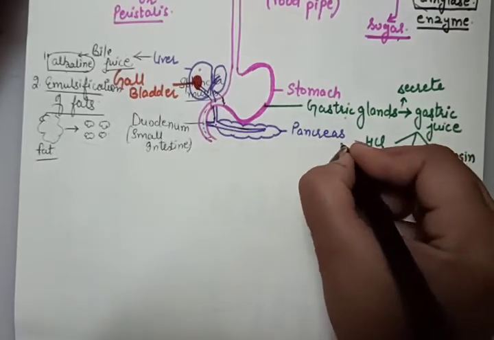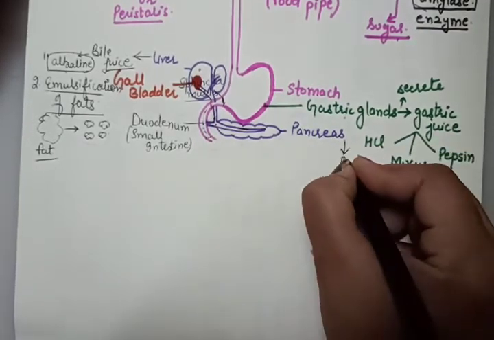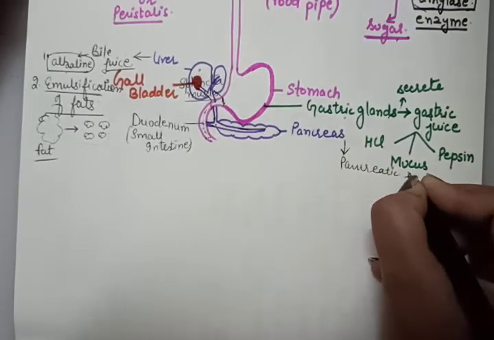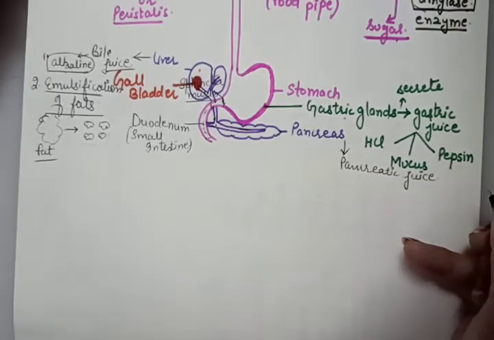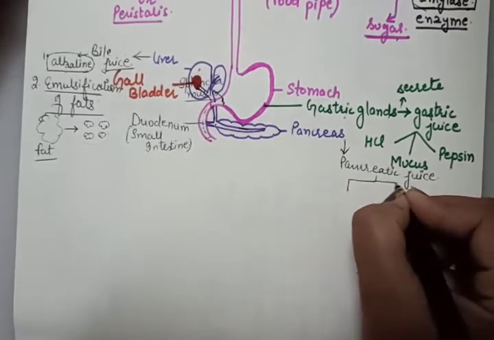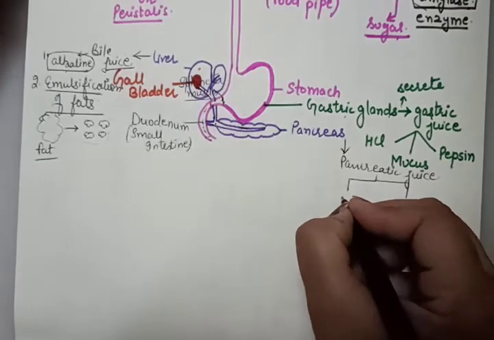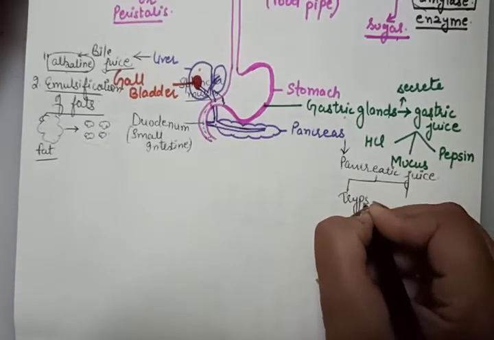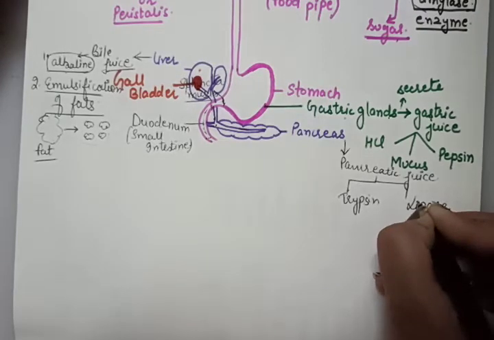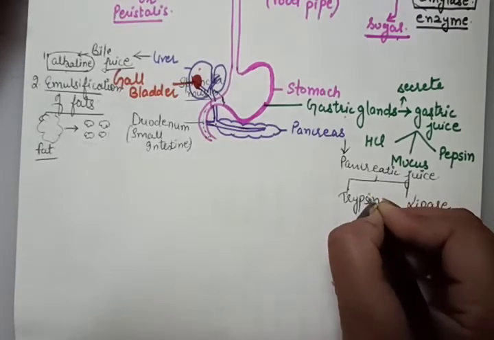So what is the function of the pancreas? The pancreas secretes pancreatic juice, and this pancreatic juice has two enzymes. One is trypsin and the other one is lipase. You have to learn these names.